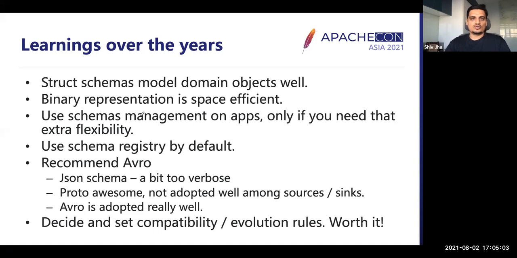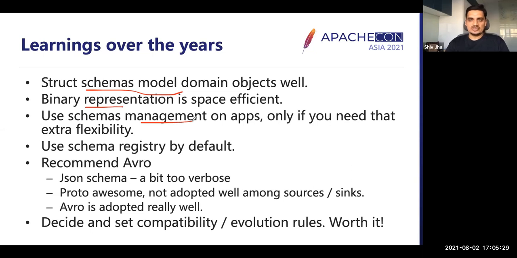Lastly, our own learnings. We think Avro is good. Proto and JSON are good as well, but I've always found Avro's adoption to be good. If you have a lot of data, then you want to be space efficient, so binary representation is good. If your use case allows for it, use schema management.